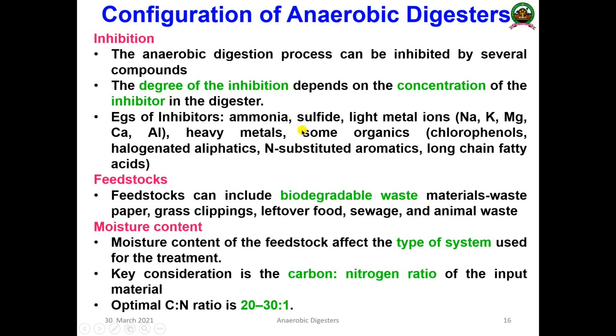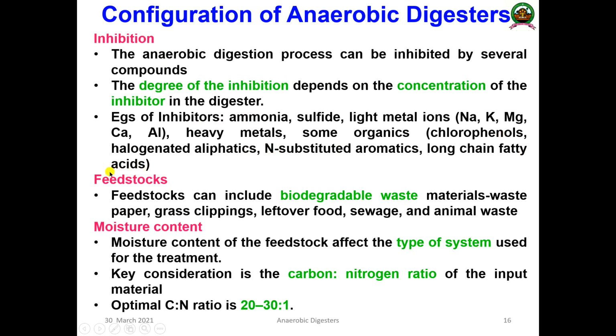For example, if ammonia, sulfides, metal ions like sodium, potassium, magnesium, calcium and aluminium, heavy metals, and some organics like chlorophenols, halogenated aliphatics, nitrogen-substituted aromatics, long chain fatty acids, etc. are present, then they will act as inhibitors, and it will be a problem for the anaerobic digestion.